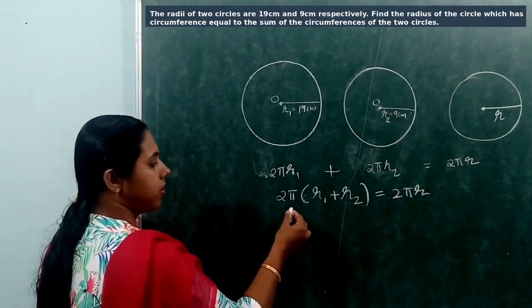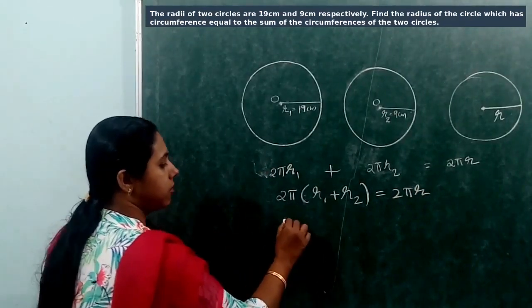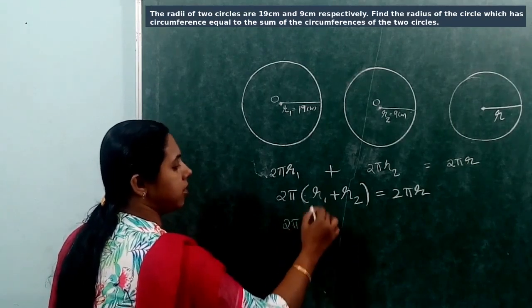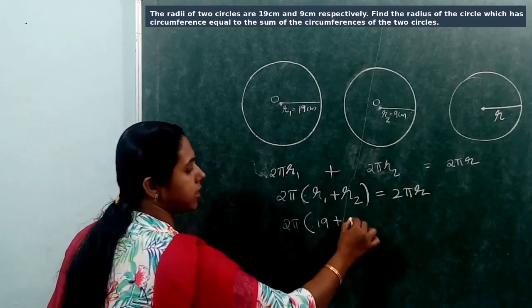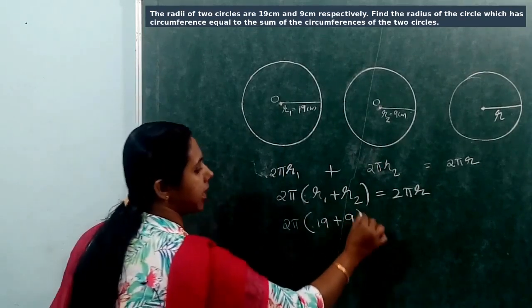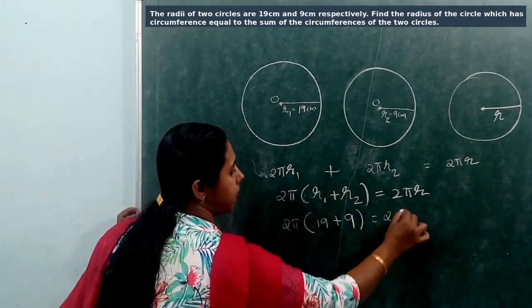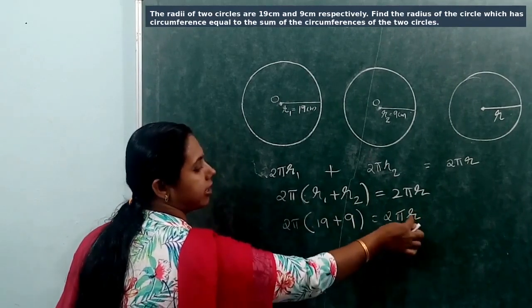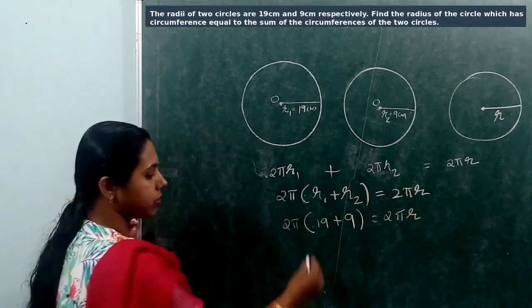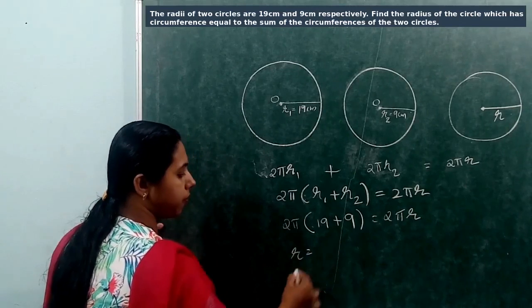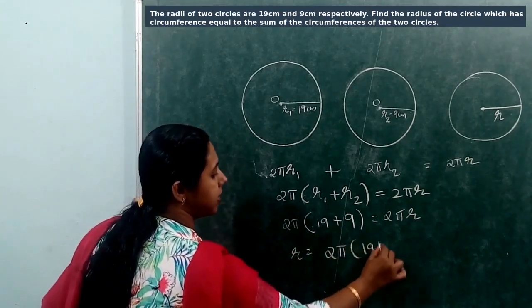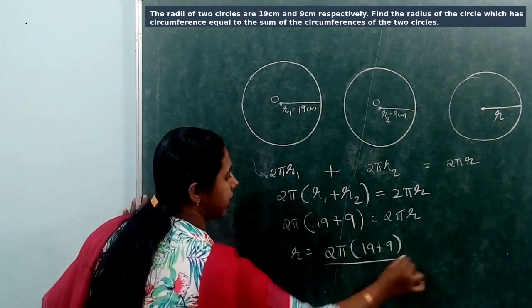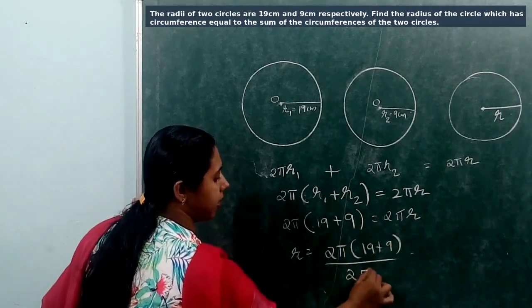Now, 2 pi into the radius r1, which is 19, plus r2, which is 9, is equal to 2 pi r. We want to find the radius of the circle. So radius is equal to 2 pi into 19 plus 9, divided by 2 pi.